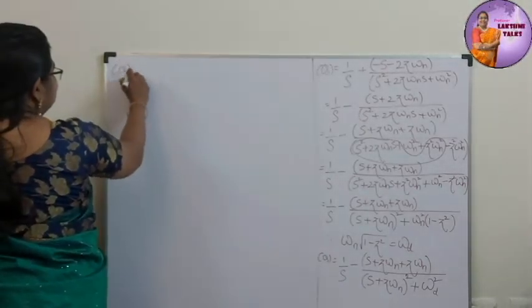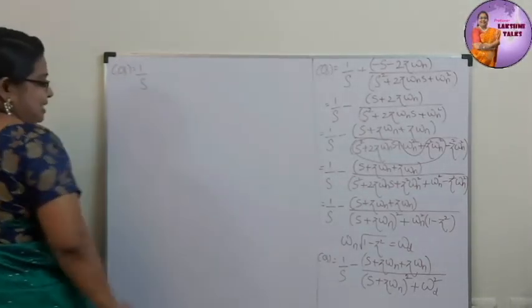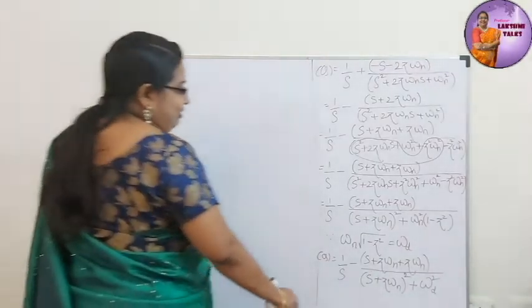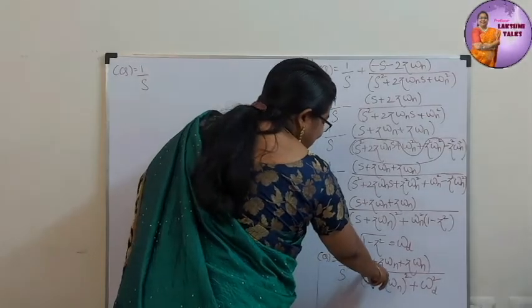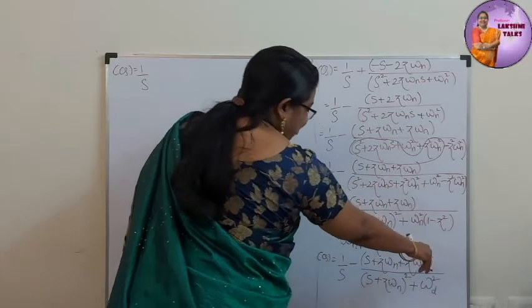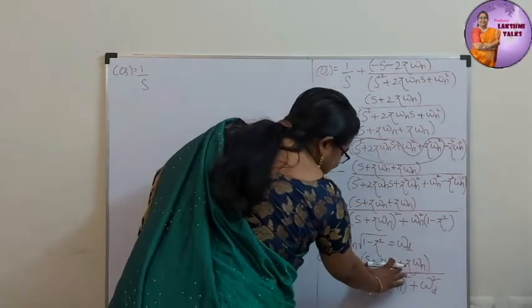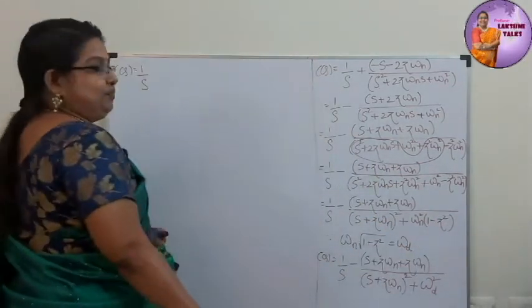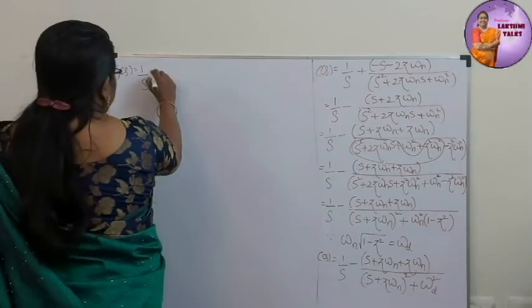So C of S is equal to 1 by S, which remains as it is. Now we have S plus zeta omega n plus zeta omega n, so we'll take these two separately and that separately. So what will happen?